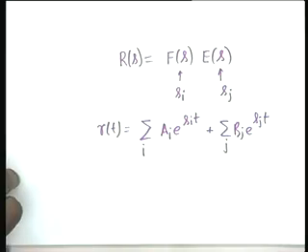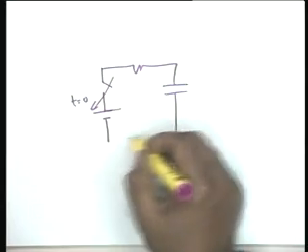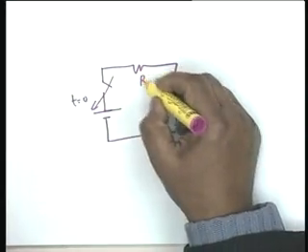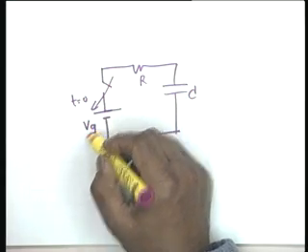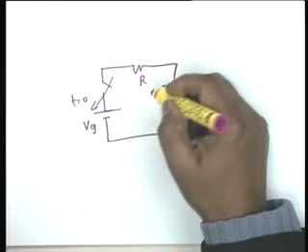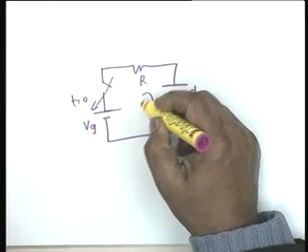All right, let us take an example. Yeah, correct, that is where I am coming to. Let us take an example. Suppose I switch on a battery to an RC network. This is my battery, let us say V sub G battery, and my response is the current i of t.